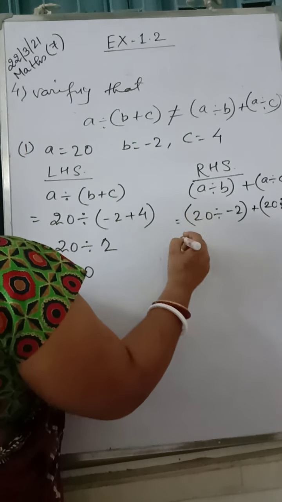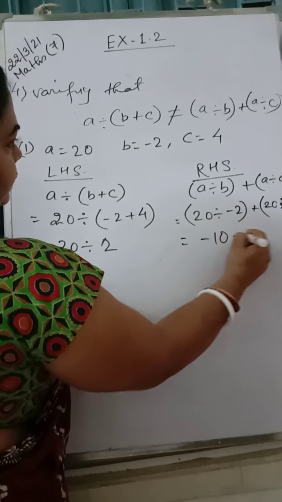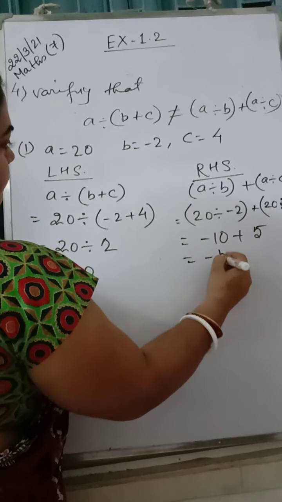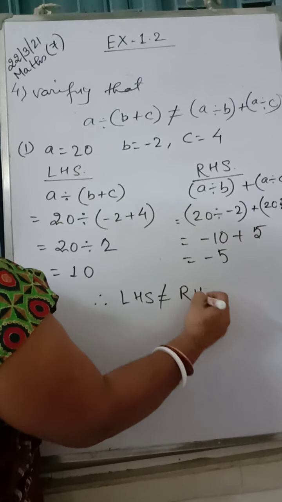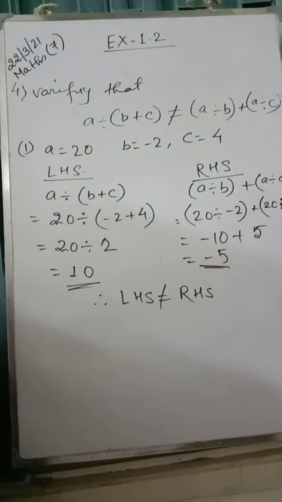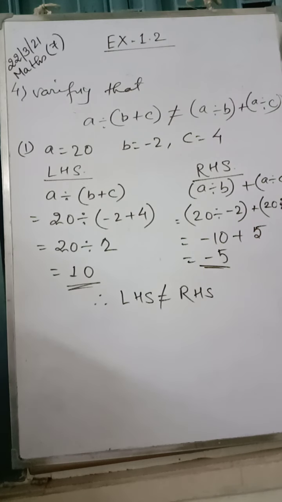This gives you minus 10 and this gives you plus 5, so the answer is minus 5. So LHS is 10 and RHS is minus 5. They are not equal. So it is proved LHS is not equal to RHS.